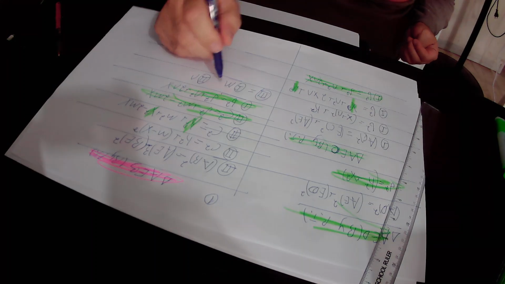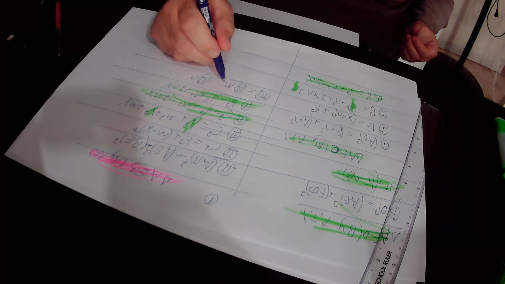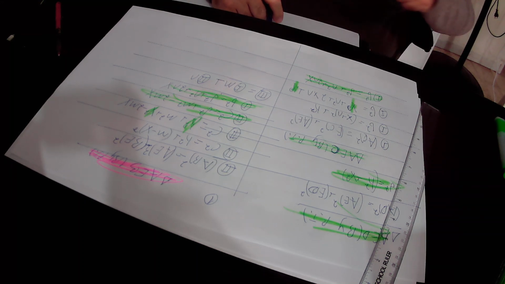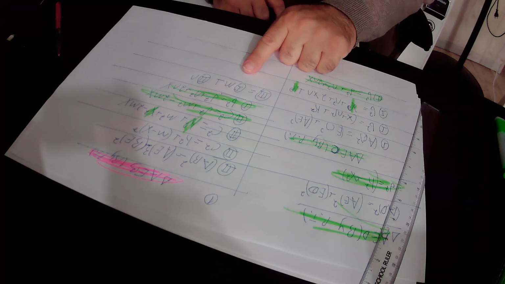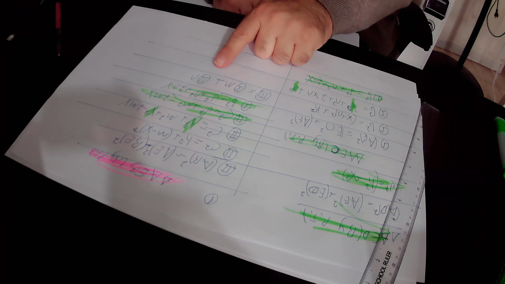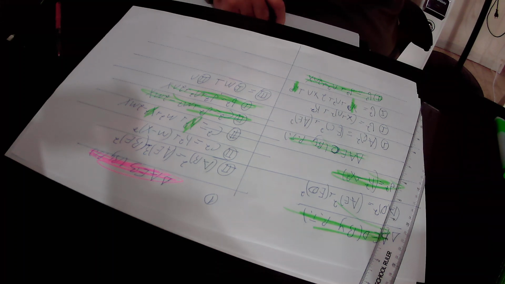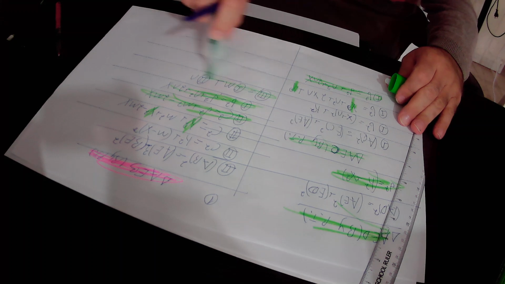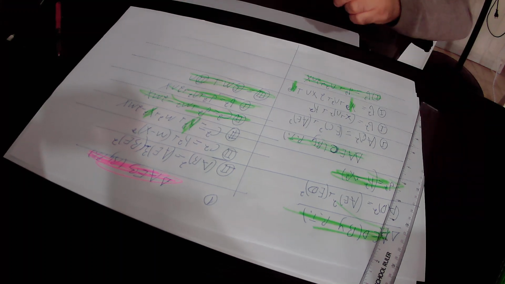And then we'll add the two equations with each other. This will give us equation number 3. We'll create equation number 3 in 2 steps.